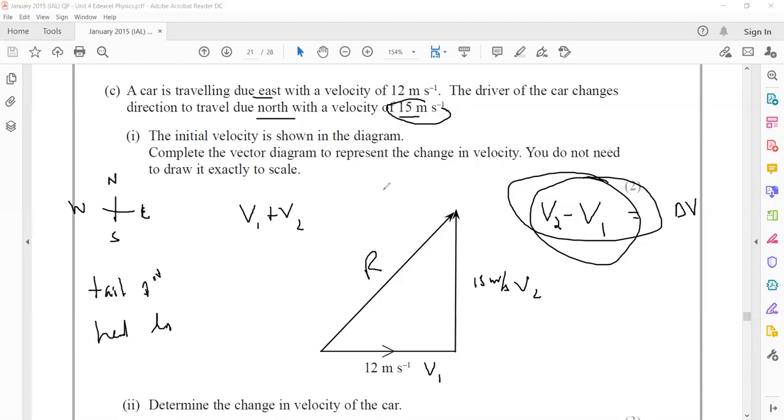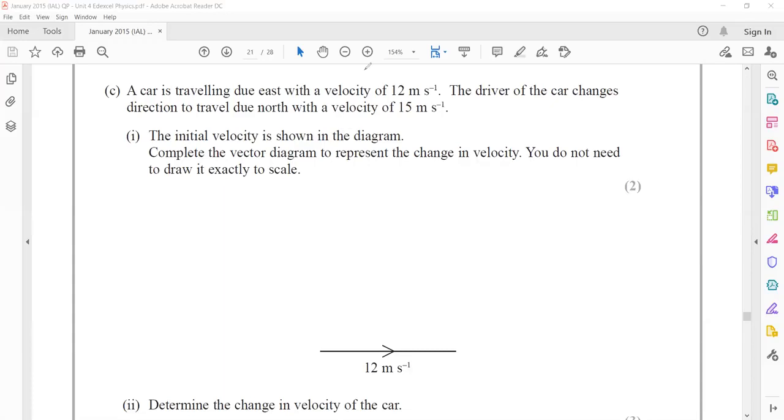That is the idea of the vector addition rule, because in it the resultant is always from the tail of the first to the head of the last. So if we need V2 minus V1, or change in velocity, it basically means that V2 is added to minus V1, and that will give us the change in velocity.